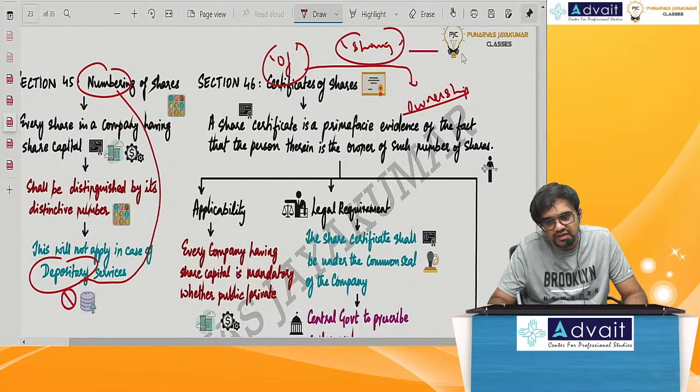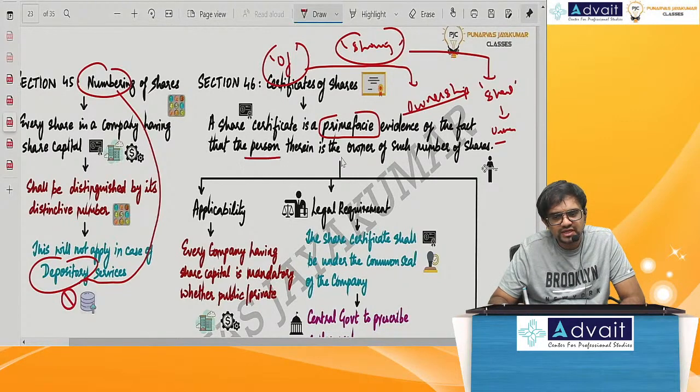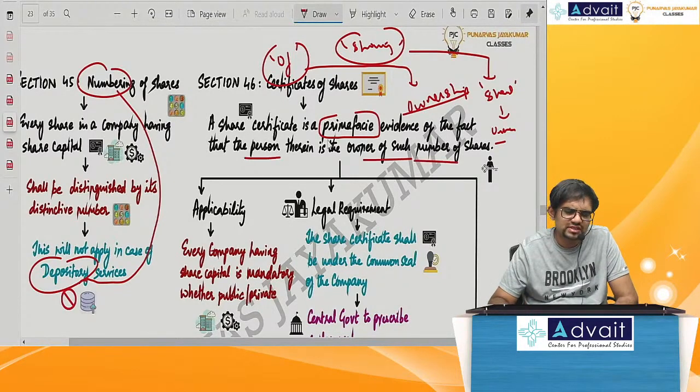A document showing title just shows that you are the owner. Can that be transferred from one person to another? Yes. It just shows that you are the owner. Document of title is what? Document of ownership. So a share certificate is prima facie, meaning on the face of it, evidence of the fact that the person therein is the owner of such shares. Just the owner of shares.